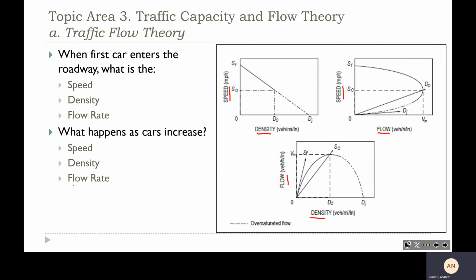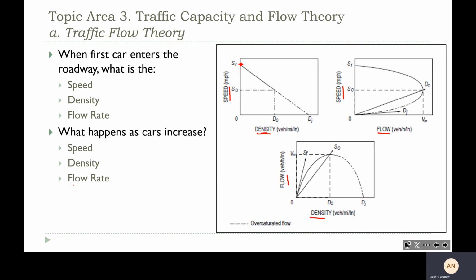So when there's one car on the roadway, you can drive a very high rate of speed. But what's the density going to be? If you're the only vehicle out there, it's almost nothing, right? So when one car is there, you're at this point on this plot because your density on the x-axis is low, one vehicle per mile per lane, and your speed is basically uninhibited.